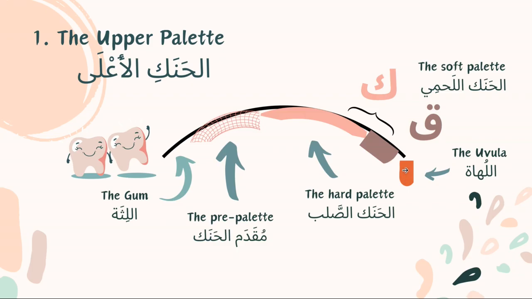If we open our mouth, we will see a piece of flesh dangling from the upper part of the mouth. You will find this fleshy part in the upper palate. It's the soft palate, and then comes the hard palate. You can feel it with your finger, you can feel it with your tongue. Then comes the pre-palate, which is the front part of the palate.